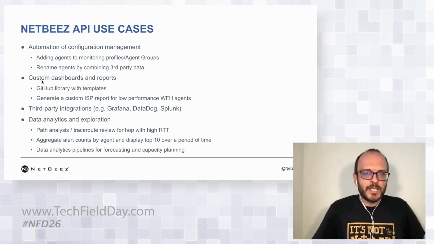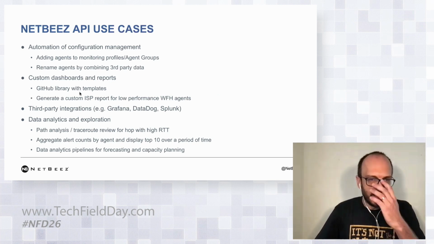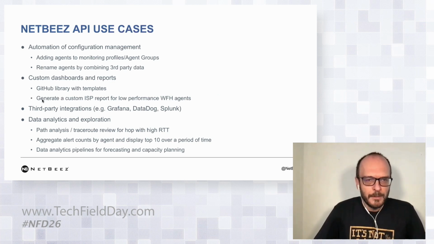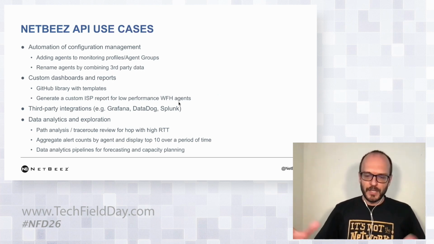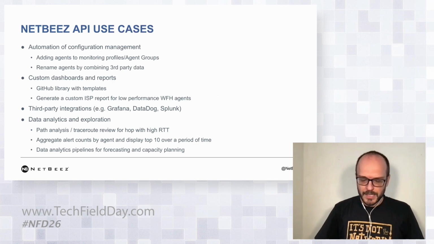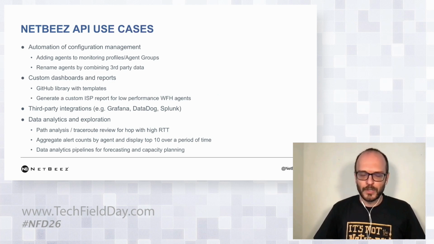The second category of use cases is building custom dashboards and reports. We have a GitHub library with templates for building your own custom dashboards using our APIs. Another use case that we're working on with a customer right now is building a custom ISP report for the low-performing work-from-home agents, so that they can retrieve data from multiple NetBeez tests and metrics to provide the ISP of the work-from-home user with enough data to troubleshoot their problems.